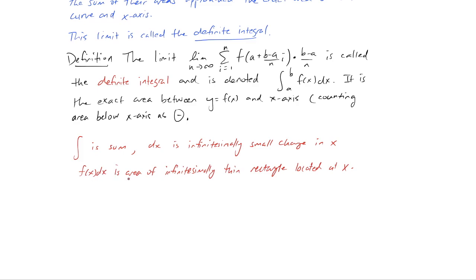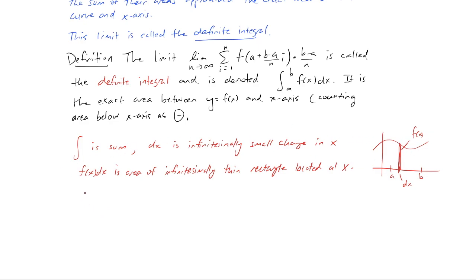And thus f of x dx is the area of this infinitesimally thin rectangle located at x. Here's our picture here. So we have a, b, we have x somewhere in between. And the area of this rectangle is height f of x and width dx. So its area is f of x times dx.